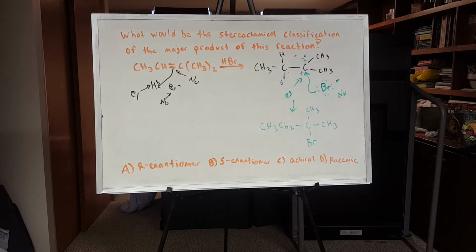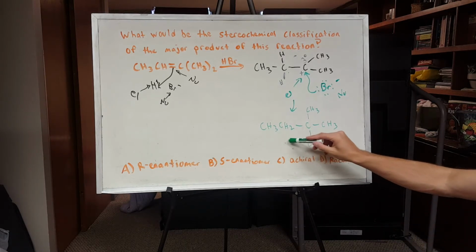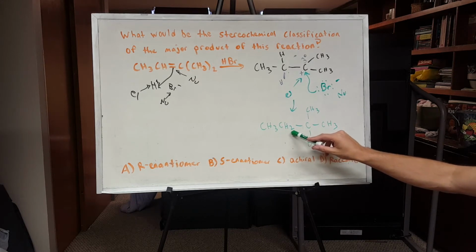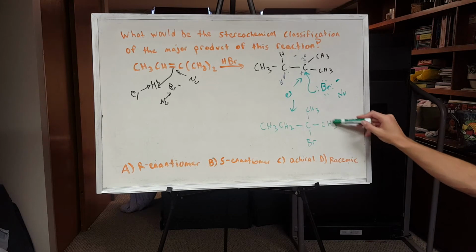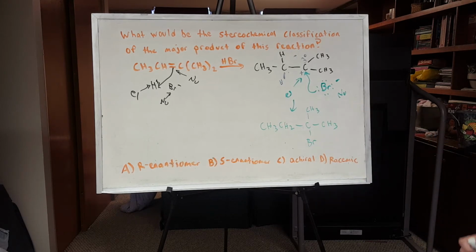Now, in this compound, do we have any stereocenters? Well, this carbon is bonded to 3 H's. This carbon is bonded to 2 H's. This carbon is bonded to 2 methyl groups. So there's no carbon that is bonded to 4 different groups, and that's what we need for a stereocenter.